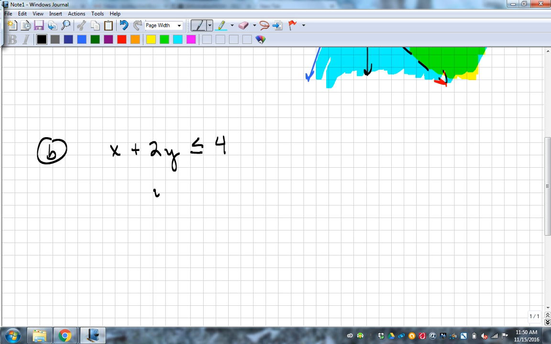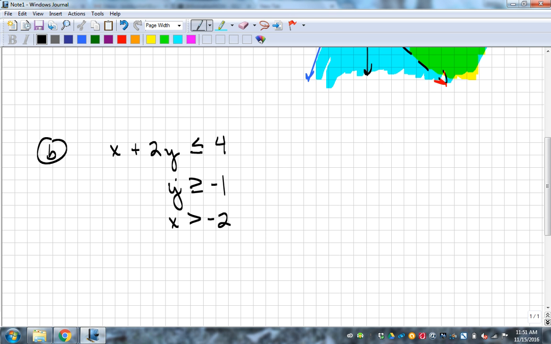And then y is greater than or equal to -1, just to make it a little bit more interesting. And then x is greater than -2. So we have x plus 2y is less than or equal to 4, y is greater than or equal to -1, and x is greater than -2.